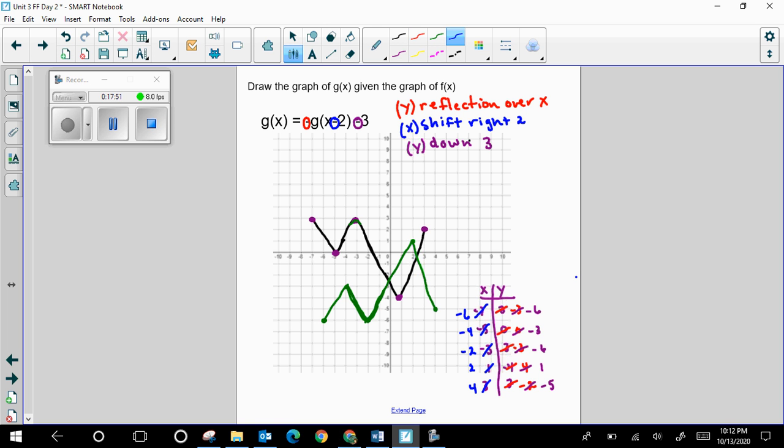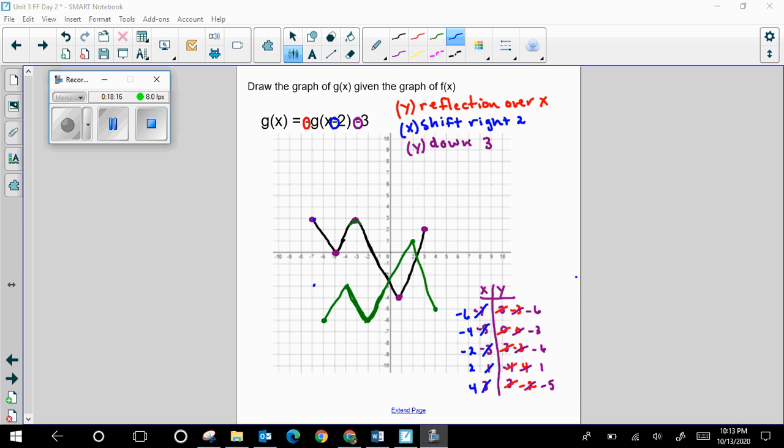So this one, if I would take this and reflect it, I'm at positive 3, so I would be down here at negative 3. Then I would go right, negative 7. Then I would go right 2 and down 3.